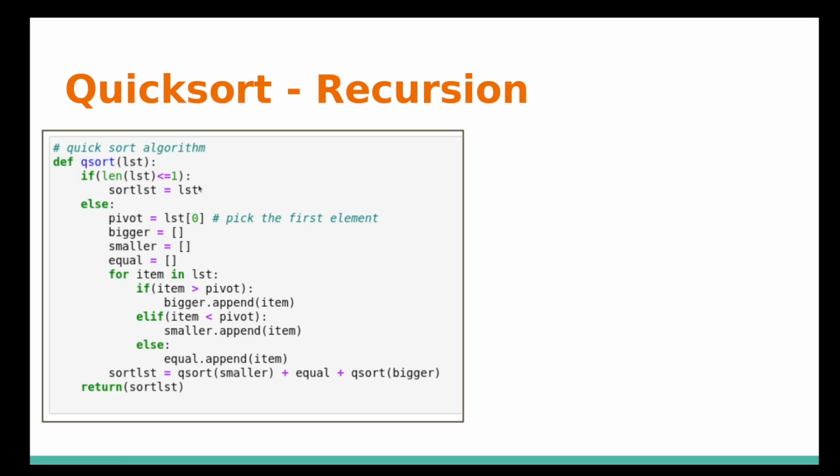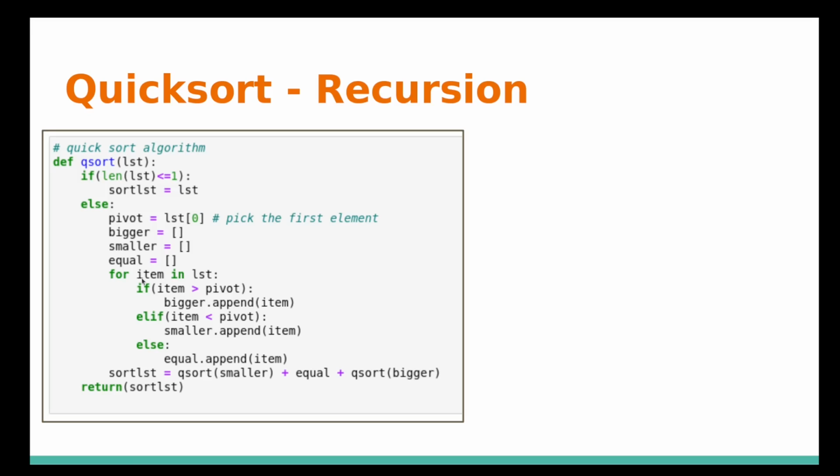Else, I'm going to have a pivot, and from the list that I'm sending here, I'm going to pick the first element as the pivot. I could have picked any element, but it's just easy to pick the first element. Then I define two other lists, a bigger list and a smaller list, and I also define an equal list, all as empty lists to initialize.